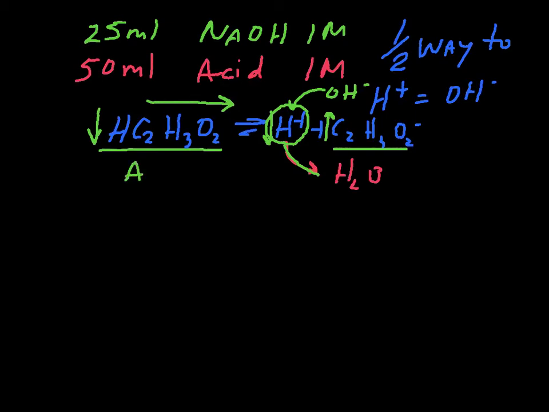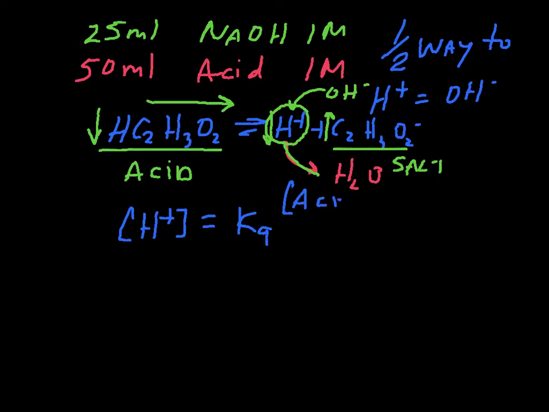So you're going to reach a point where the concentration of the acid right here is going to equal the concentration of the salt right there. And so what I can do in terms of finding what the pH is going to be at that point is use the same buffer calculation. The hydrogen ion concentration is going to equal the Ka times the concentration of the acid over the salt.